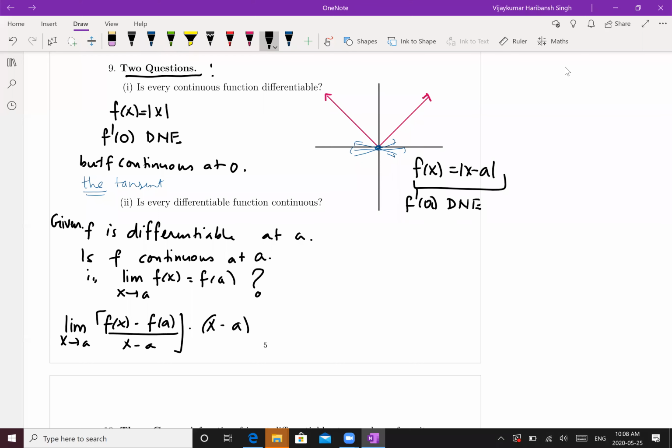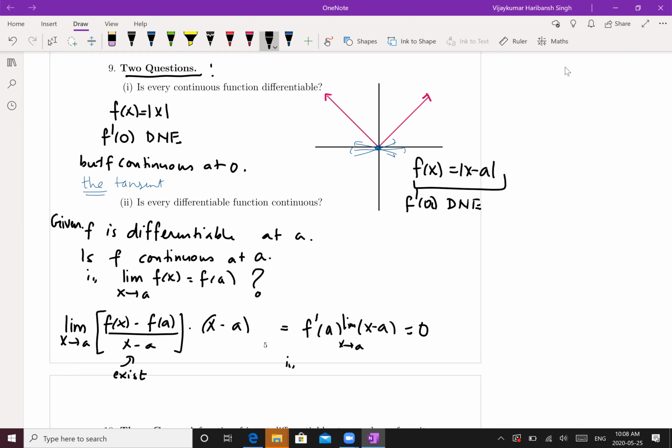Now note that the function is differentiable. So therefore this limit exists, and this is going to be f prime a times x minus a, limit as x goes to a. So this is going to be 0.